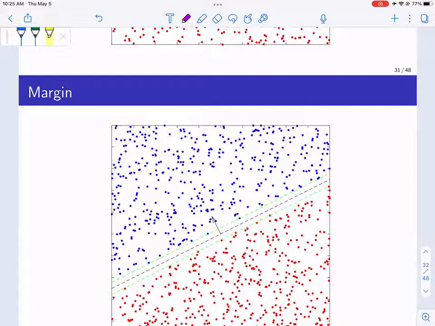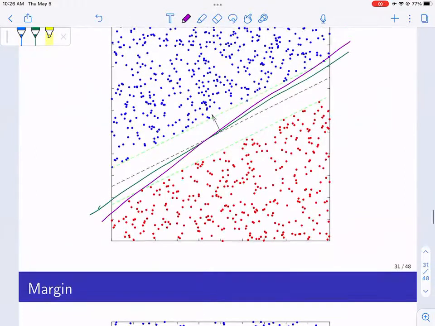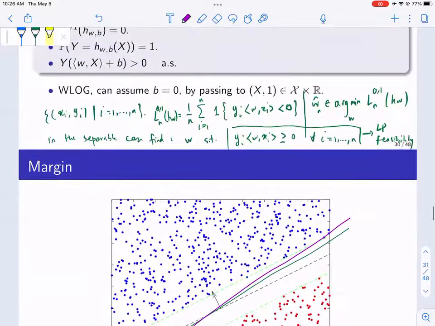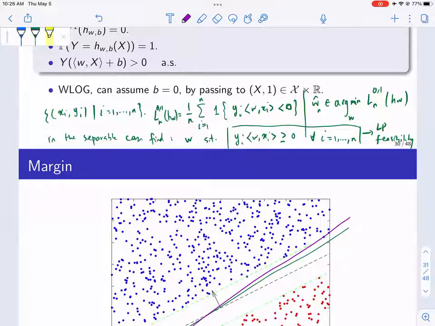But the thing is, in practice, it might not be. Some of these I might not have seen, right? The population margin might be smaller than this, so I'm going to pay a price, but this is the natural idea. If there are multiple solutions, I'm going to try to find the maximum margin separating hyperplane, and hopefully that has good generalization performance.